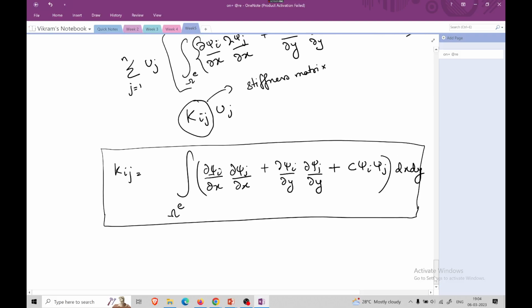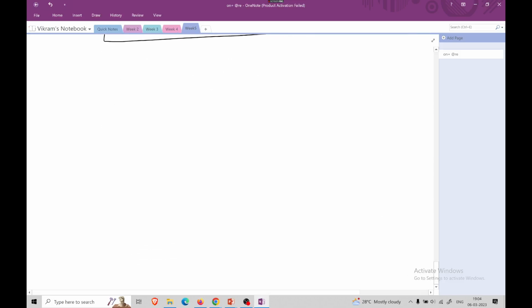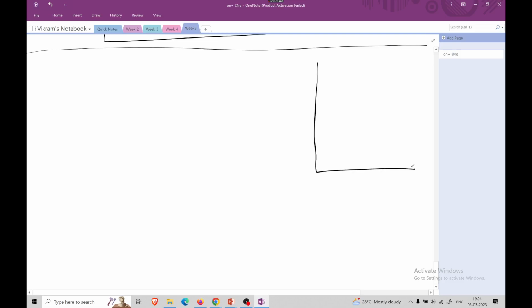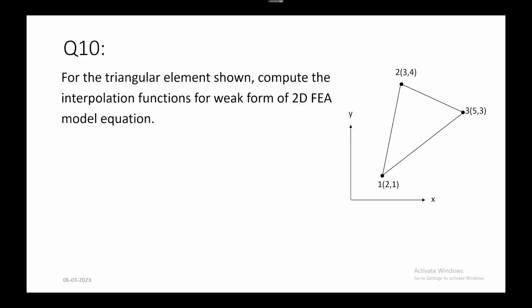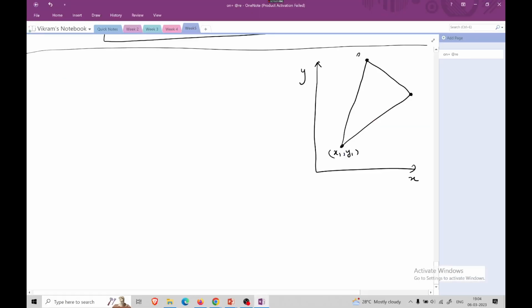Okay. So now I am going to just draw this line. I have x and y, and a triangle. Let me say this is x1 comma y1, 2 is x2 comma y2 over here, and here is x3 comma y3.